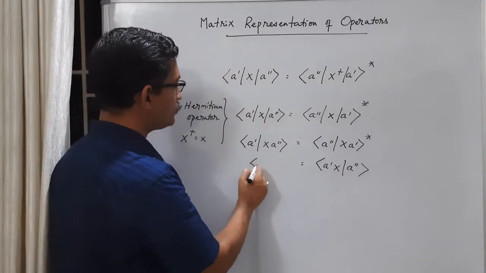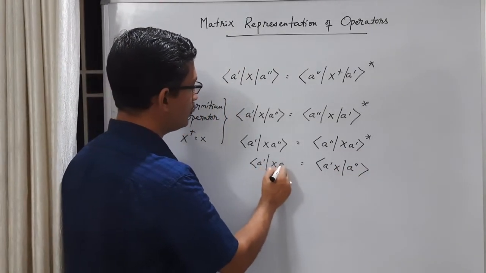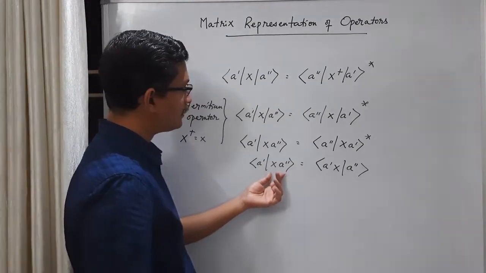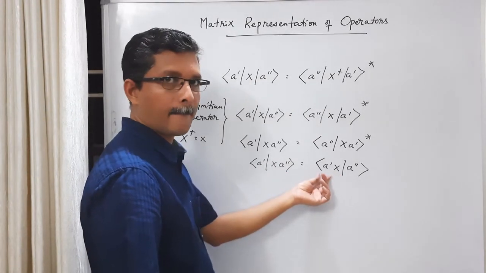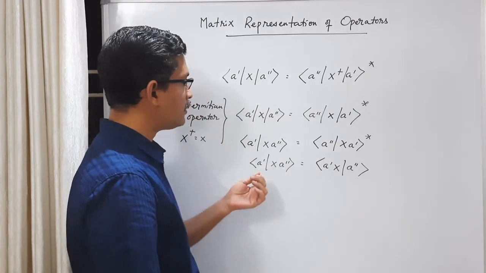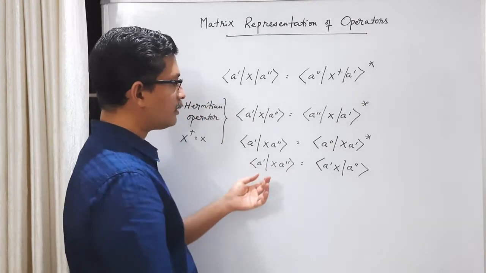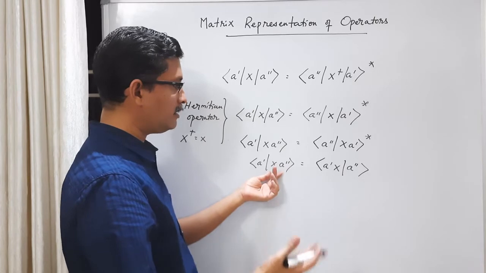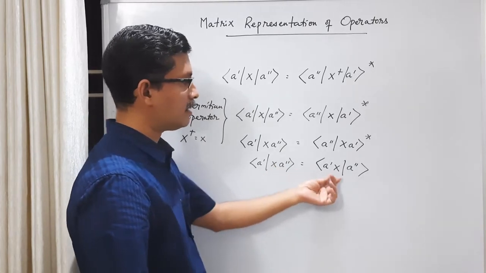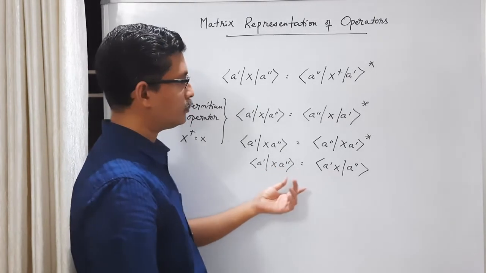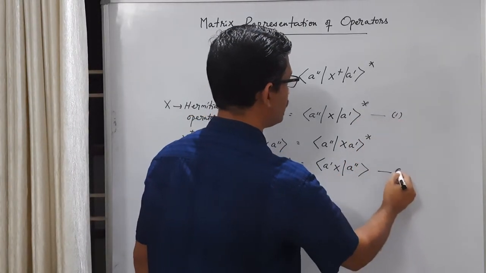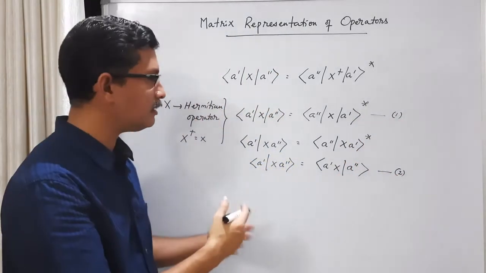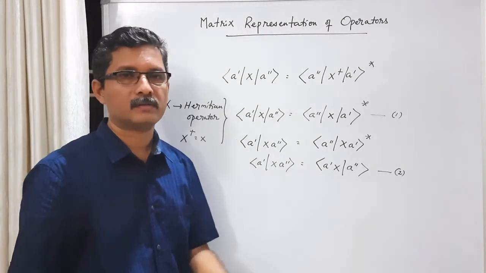So you compare these two. Here X is acting on a″, here X is acting on a′. So if X is a Hermitian operator, in an inner product it is immaterial whether it acts on the ket vector side or the bra vector side. So we can use either this as the definition or this as the definition of a Hermitian operator. We have seen this in one of the previous classes.